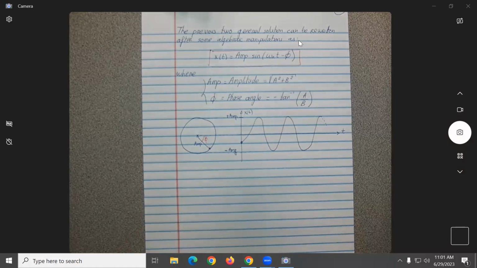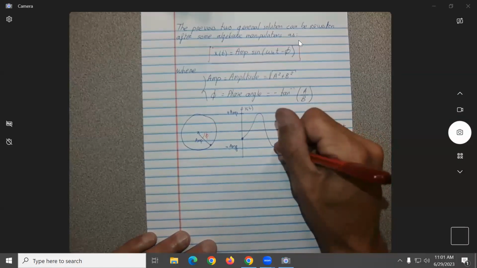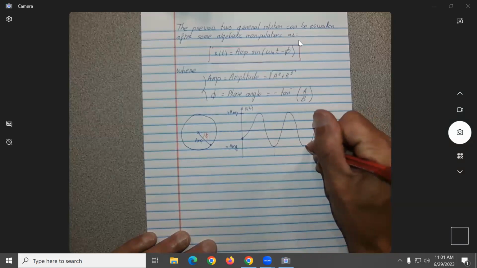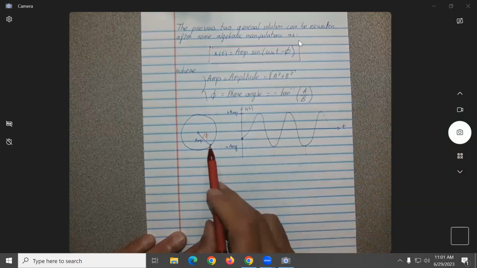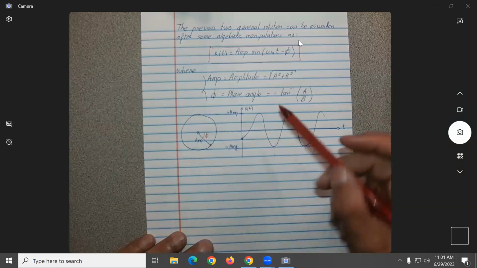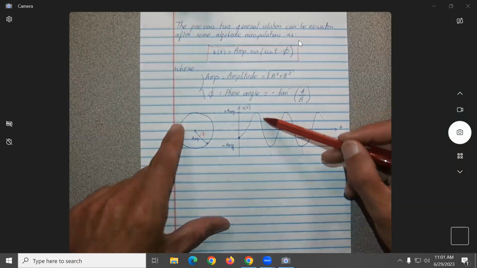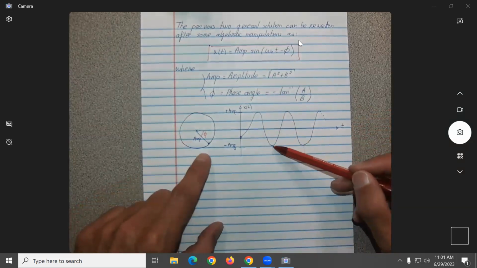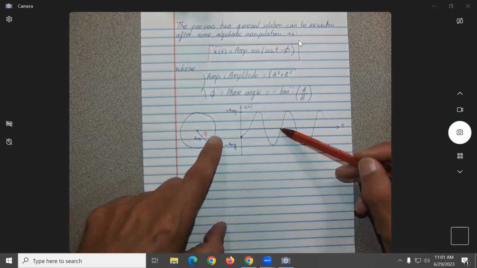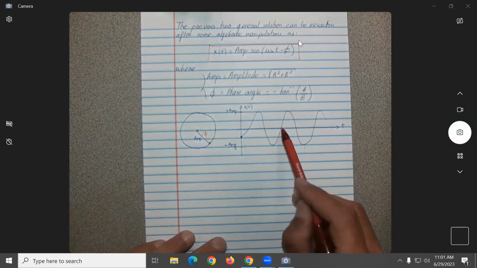Okay, I think we kind of mentioned this a bit the other day, that we said the time it is going to take this point to go through one full cycle, no? Okay, if you remember, let's say we start from here, you go up, down, and up, no? So basically, if you start from this point to this point, this will be one cycle.